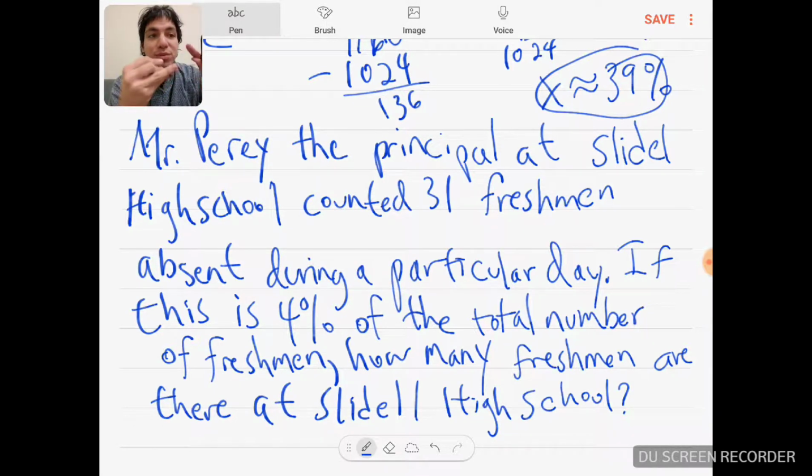Mr. Perry, the principal at Sedell High School, counted 31 freshmen absent during a particular day. If this is 4% of the total number of freshmen, how many freshmen are there at Sedell High School?